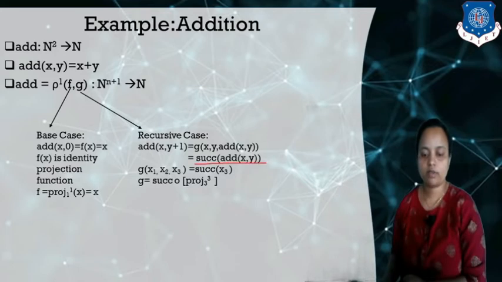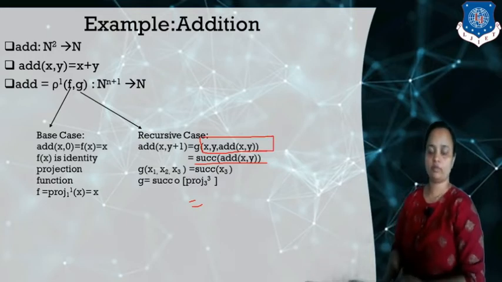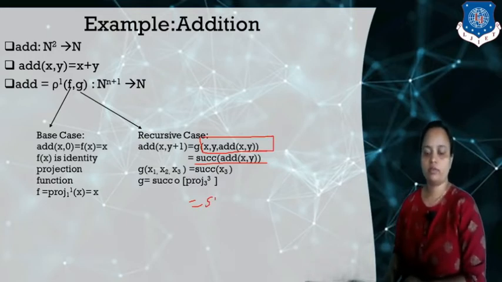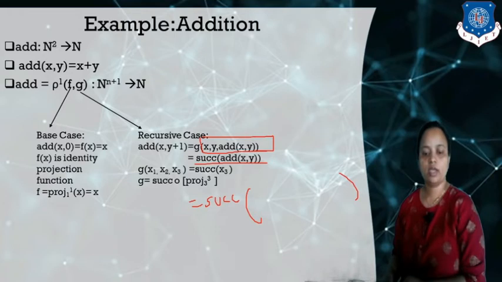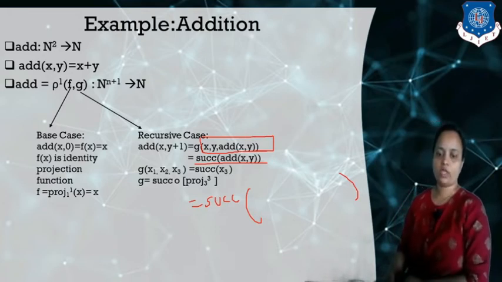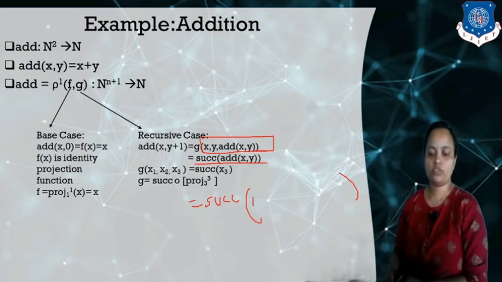Here you can see, can we define this thing? The whole thing takes three input values. So we can define successor of x1, x2, x3, where successor is applied on add(x, y). Here the projection always takes the third value, so it takes three parameters and returns the third value.